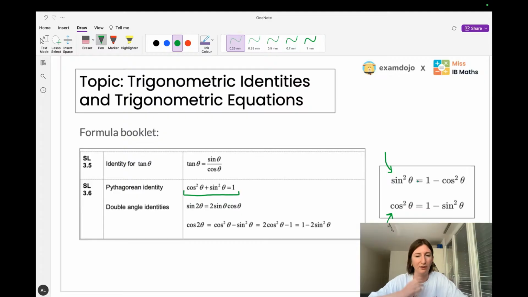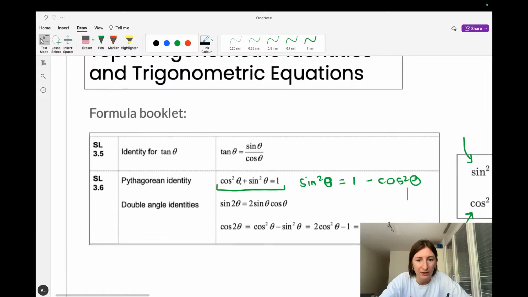So it's just good to have that in mind and recognize what it looks like. When you have it, just go and write it out yourself, like subtract, let's say, sine squared theta, and then subtract cos squared theta from the other side, so 1 minus cos squared theta. Just write these in. It also helps you save some time.